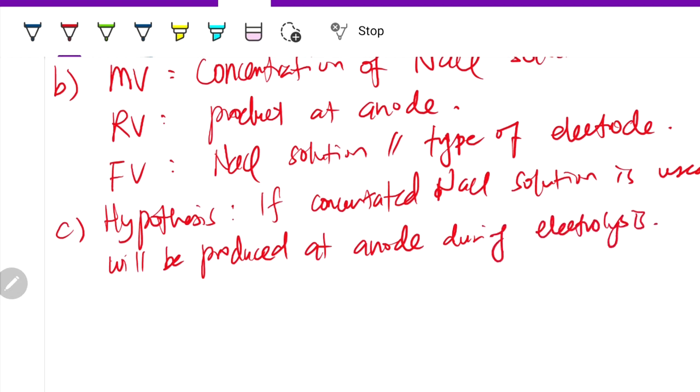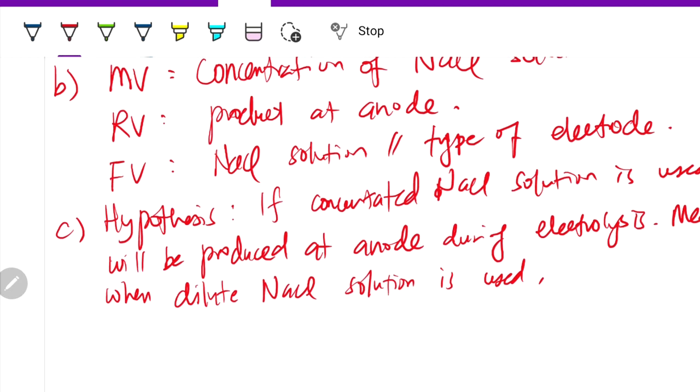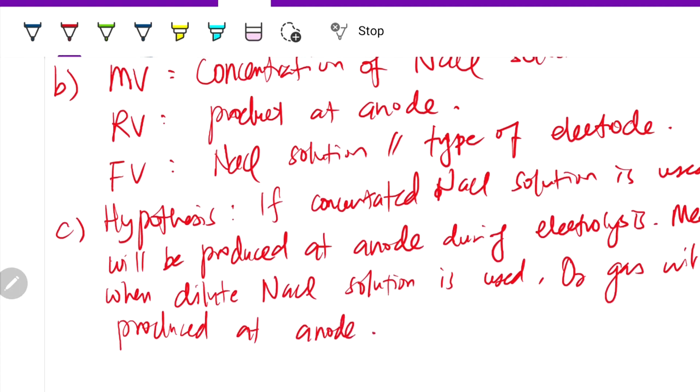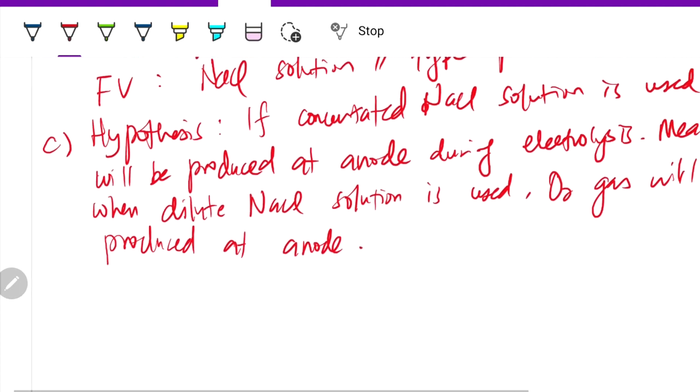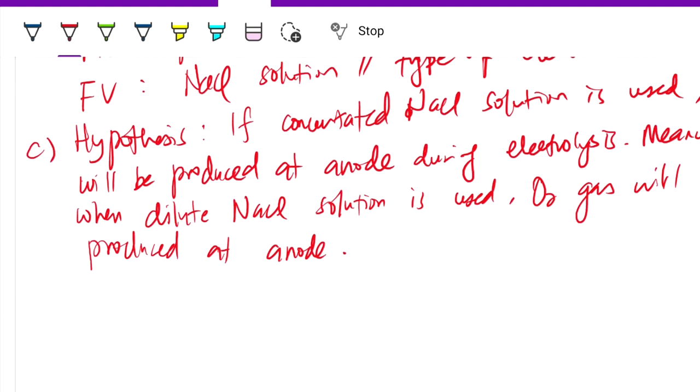Meanwhile, when dilute sodium chloride solution is used, oxygen gas will be produced at anode. So this is how we write our hypothesis in order to get 3 marks.